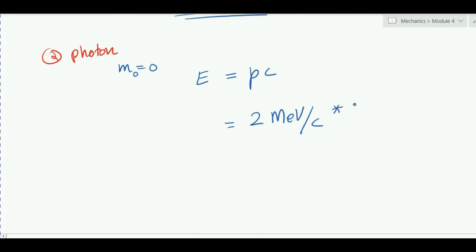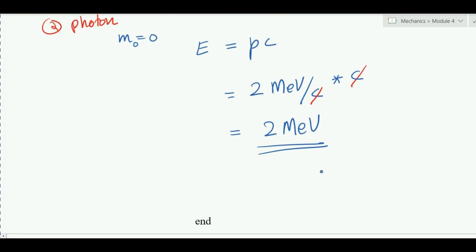Now you have c here multiplied by c. You don't have to substitute for c because it will get cancelled directly. Again I repeat, that is the advantage here. So the energy is going to be 2 MeV in this case. So your calculation is very simple, because of the new set of units.